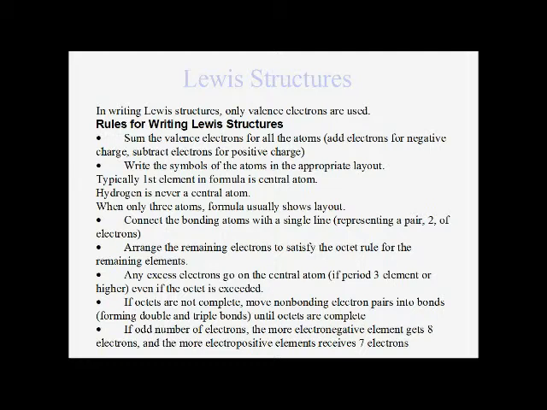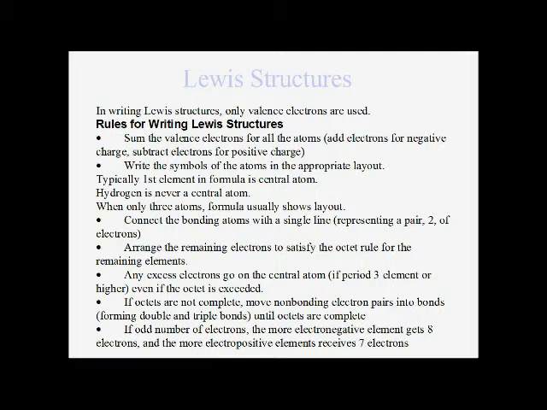Now we're going to connect each bonding pair, that means all the surrounding atoms are bonded to the central atom, with a single line. This single line represents 2 electrons, a pair of electrons. We're going to add the remaining electrons that we have using dots as pairs on the atoms that do not yet have a complete octet, until we use up all our electrons.